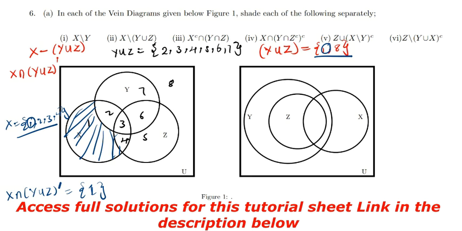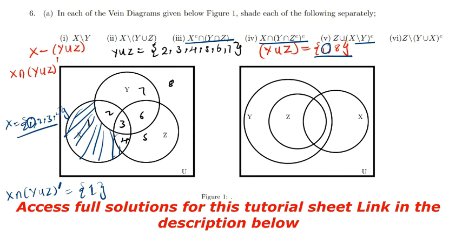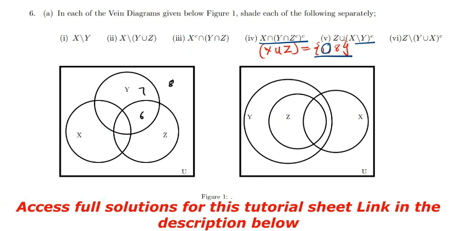Do the same, simplify this one and use the same approach. Let me do this. We should answer this same question using this other Venn diagram, which has a different arrangement from this one.